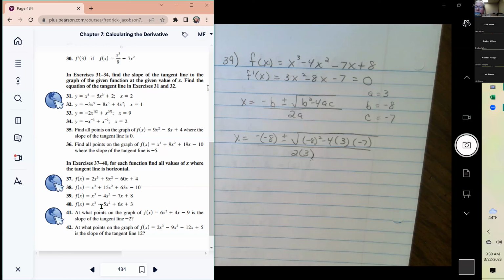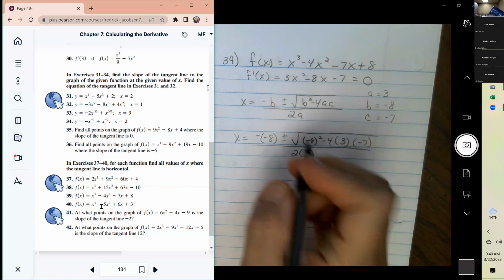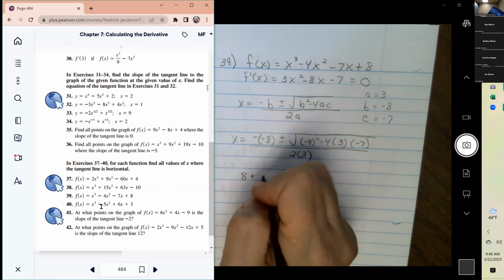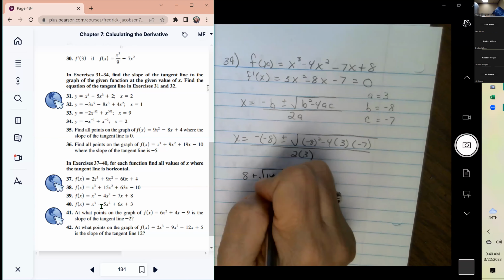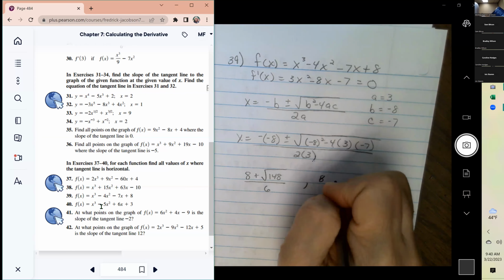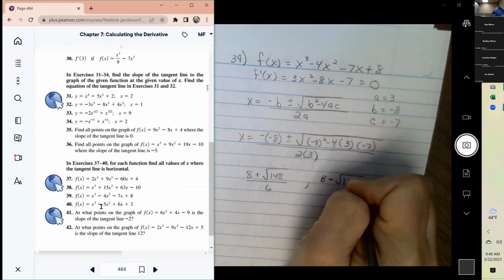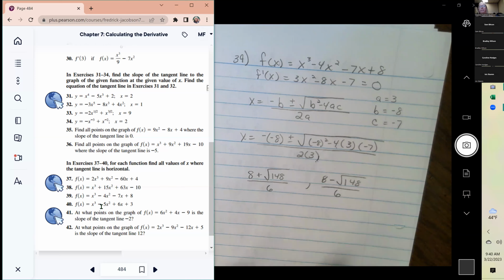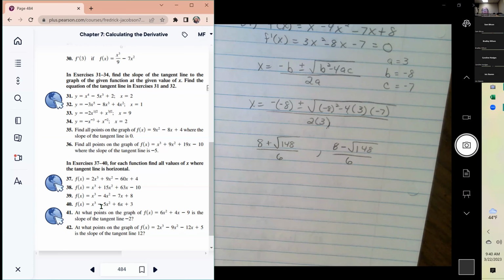B squared minus 4AC. Okay. So it's not factorable. 8 times 8, plus 4 times 3 times 7. Getting 148 under the square root.